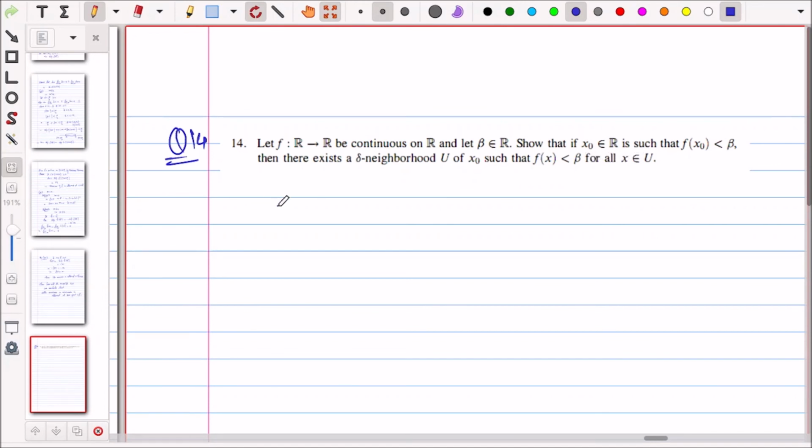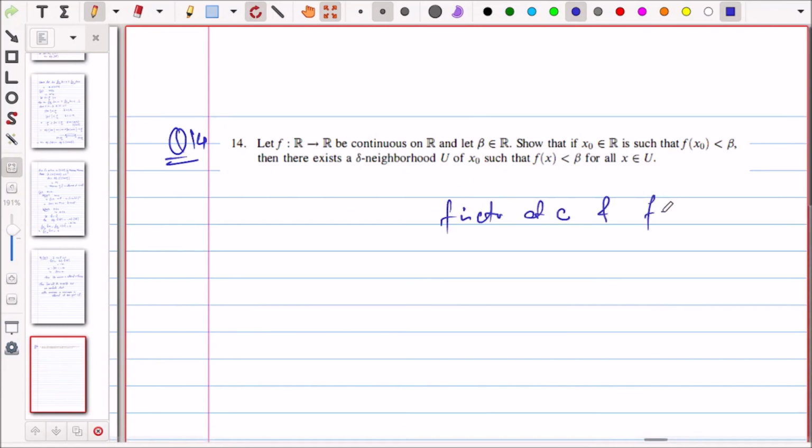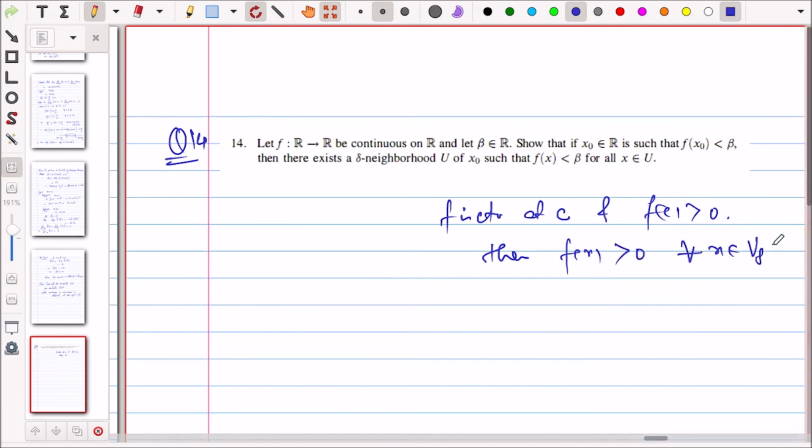So this is similar to the question where we proved that if f is continuous at c and f of c is greater than 0, then f of x is greater than 0 for all x belonging to some V delta neighborhood of c.